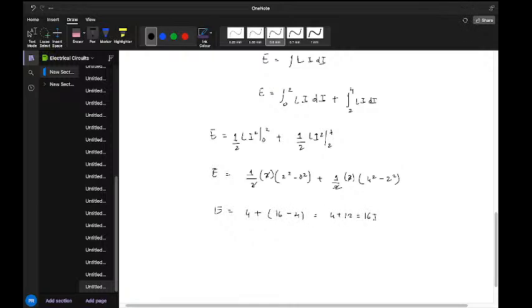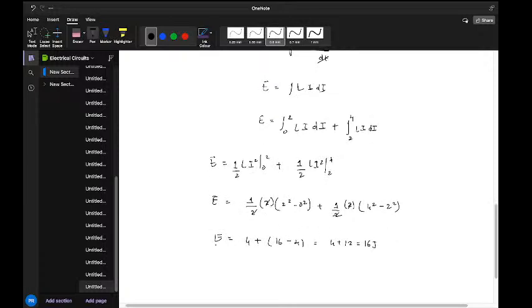It's just going to be 16 joules. So this is the energy of the inductor.